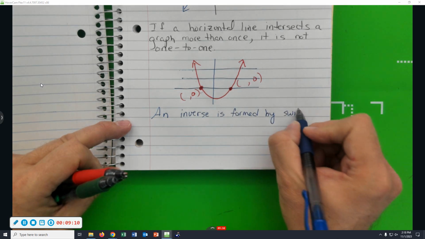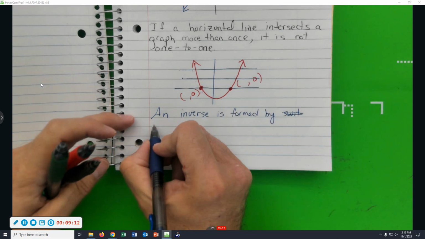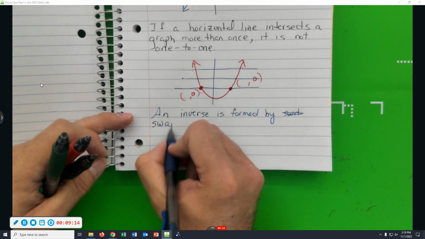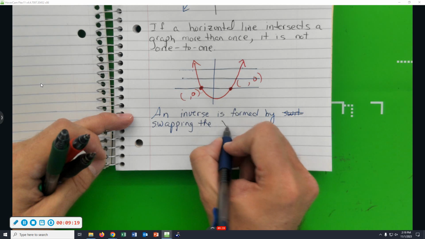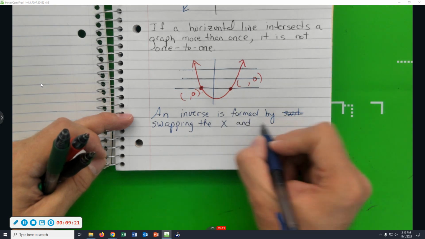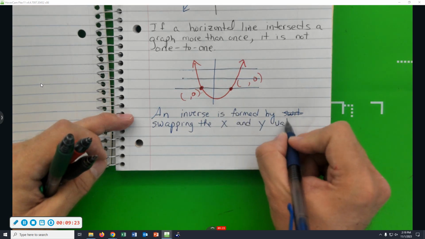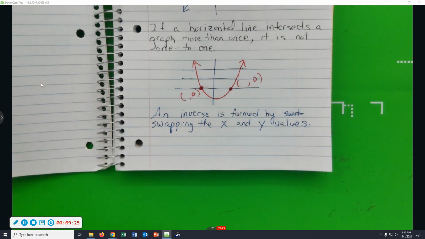I say swap. The x and y values. So you're just reversing the ordered pairs. Okay? You're just reversing the ordered pairs.